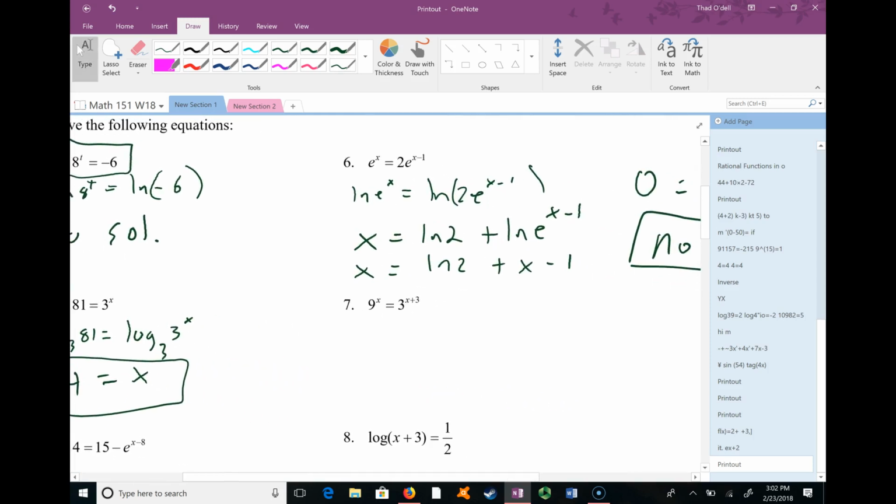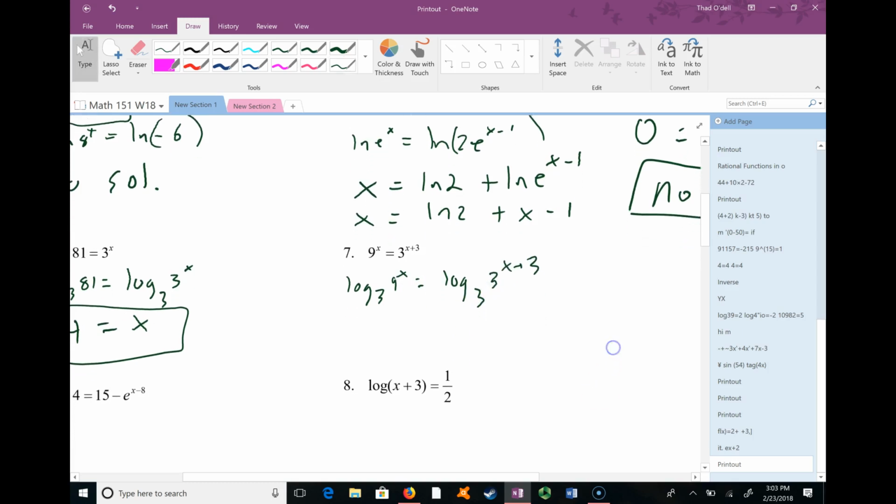Likewise here, these are both powers of 3, so you could take log base 3 of both sides. Let's see, log base 3 of 9^x is equal to log base 3 of 3^(x+3). In this case, I'd probably put the x out front because then I can just take log base 3 of 9, because that's something I can do in my head.